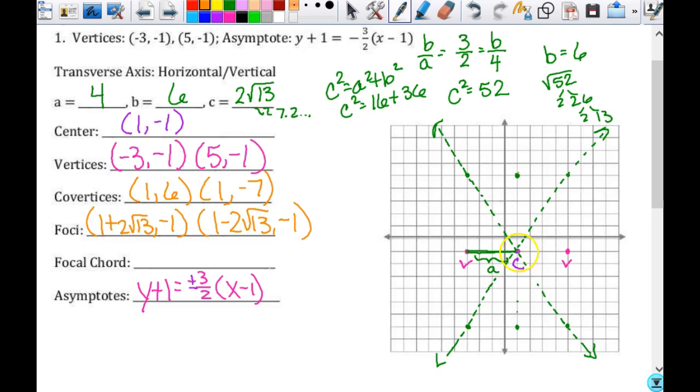So when I actually go to graph it, what was it, about 7.2? So 1, 2, 3, 4, 5, 6, 7.2-ish. Right about there. These are my focal points.